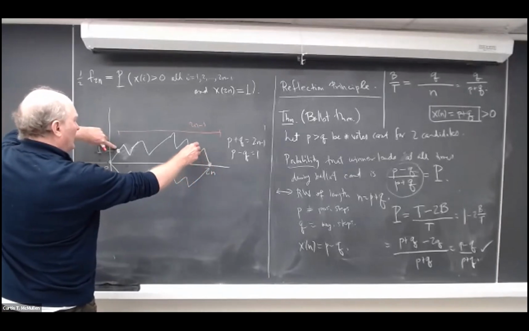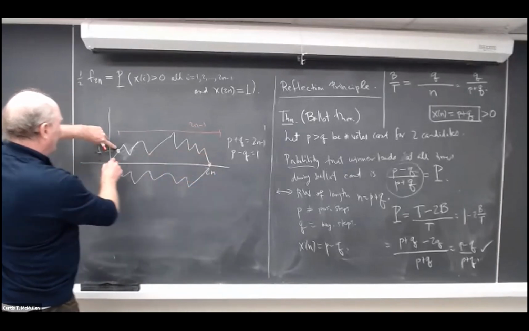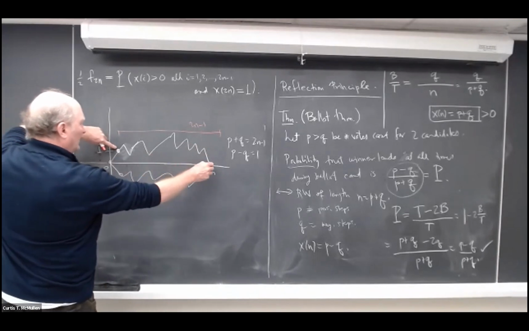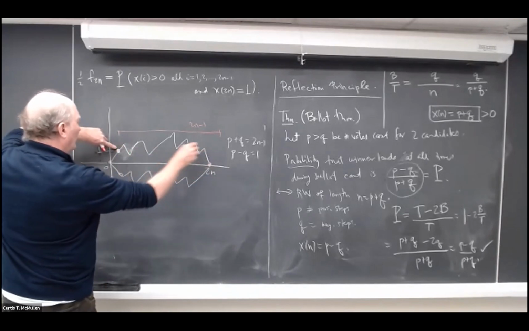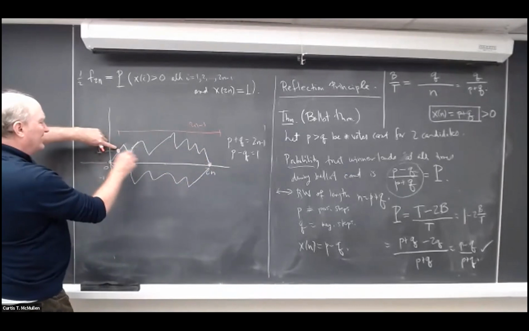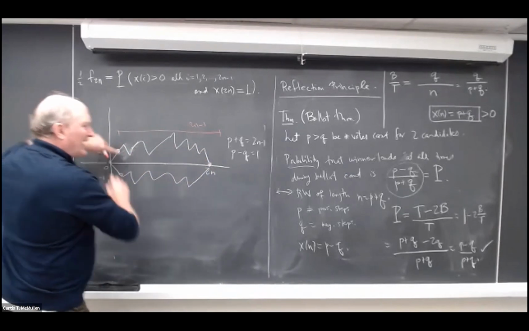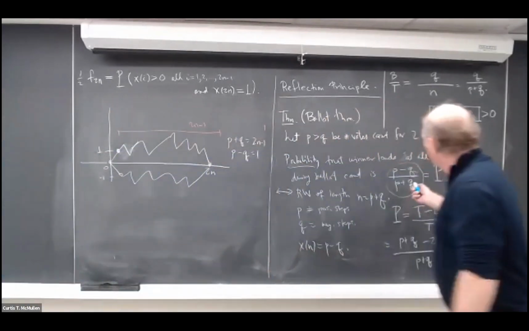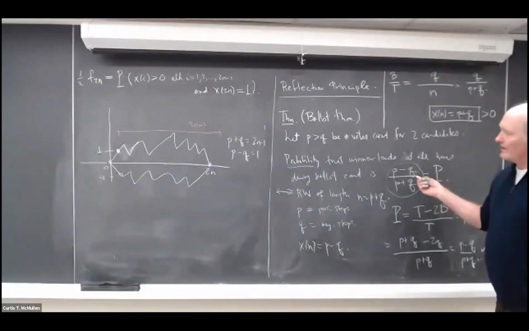Okay, so we're interested in knowing among all paths that eventually get to 0 and pass through 1, what proportion of them never touch the x-axis. But that's exactly the proportion where the winner is always in the lead in the ballot count.